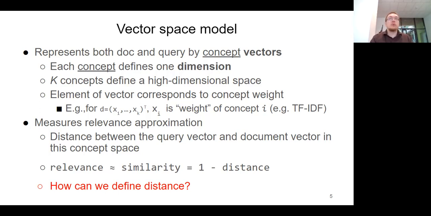So let's speak about what the requirements should be for this kind of representation. First, both documents and queries, which we use for search, should be represented by concept vectors. A concept is, let's say, the unbreakable part of meaning.